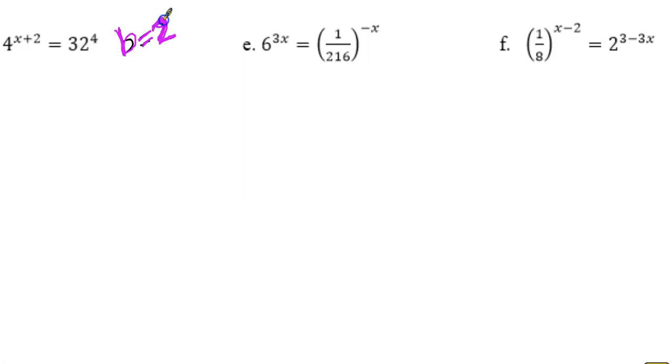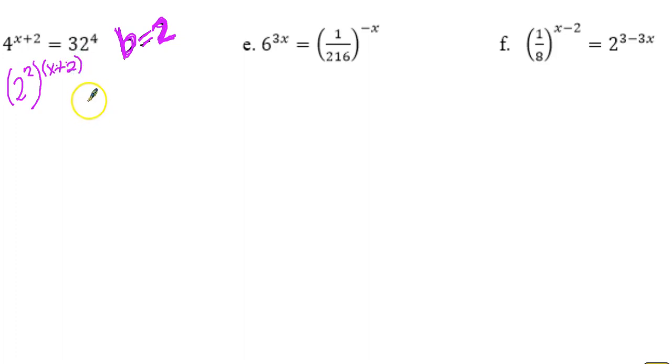And here's where I start getting the question, yeah, but Mrs. Frame, 4 times 8 is 32. That's true. But 4 to what power is 32? It's 4 to some fraction power. We're not doing that. Okay? So we're going to rewrite them base 2. So 4 will be replaced with 2 squared. And pay attention. This exponent is a binomial, so you know what you got to do? Put parentheses around it.